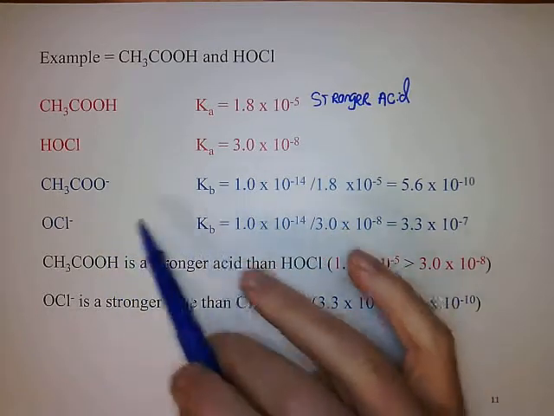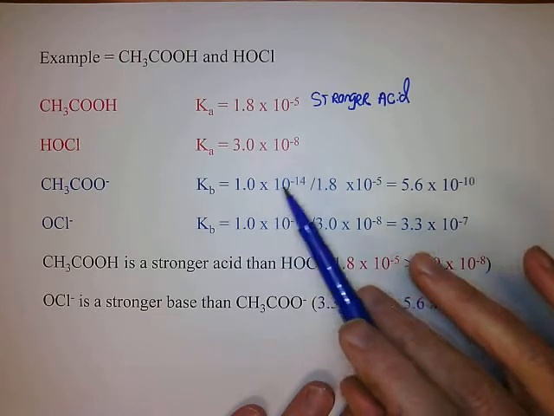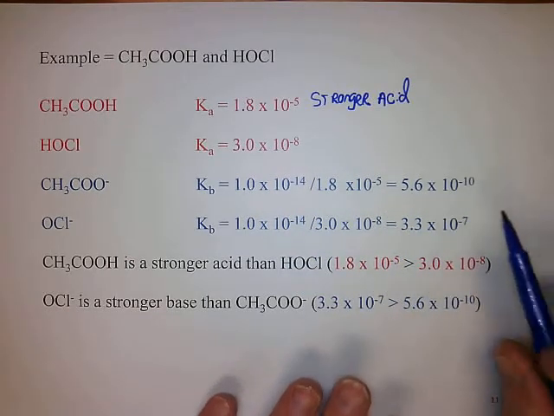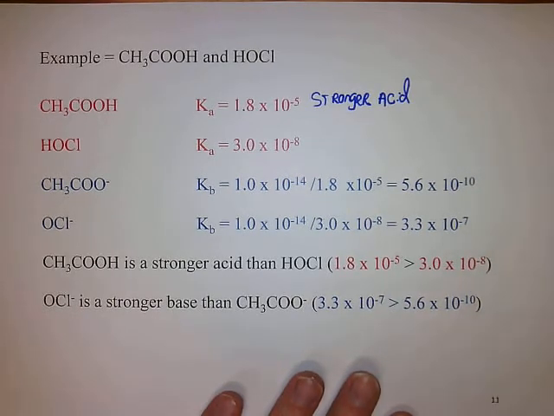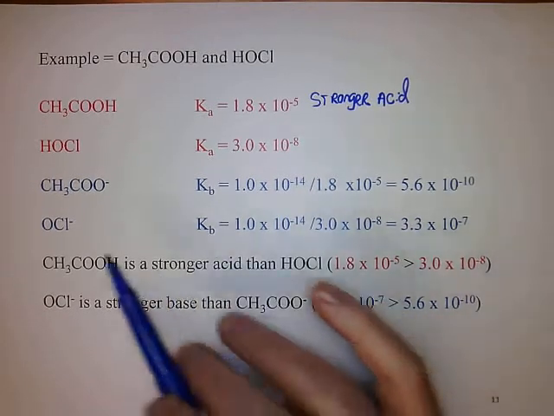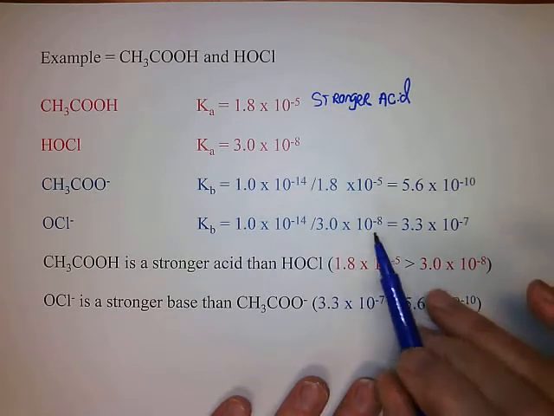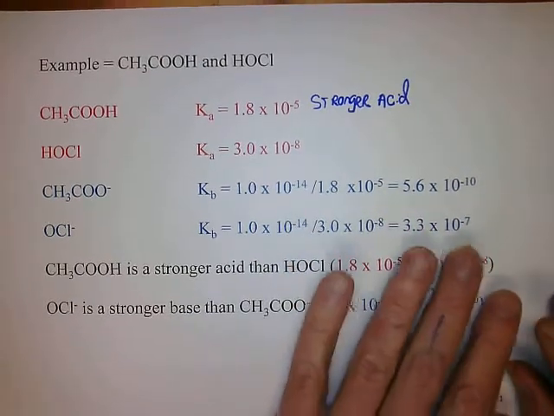So the Kb for acetate is 1 times 10 to the minus 14th divided by 1.8 times 10 to the minus 5th. That's 5.6 times 10 to the minus 10th. And for hypochlorite, that's 1 times 10 to the minus 14th divided by 3 times 10 to the minus 8th, which is 3.3 times 10 to the minus 7.